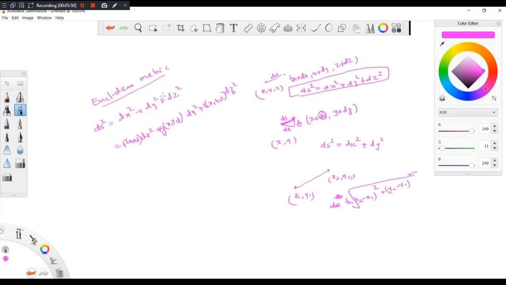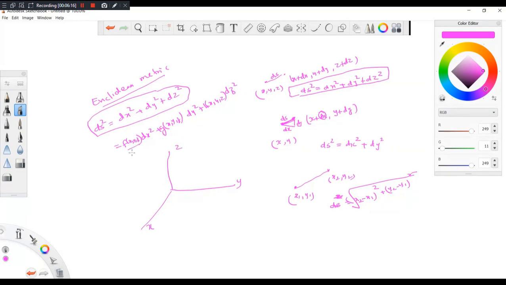See, here you have our usual space, in which you represent points by an x coordinate, a y coordinate, and a z coordinate, and you can draw lines parallel to the coordinate axes and measure the distance that way.